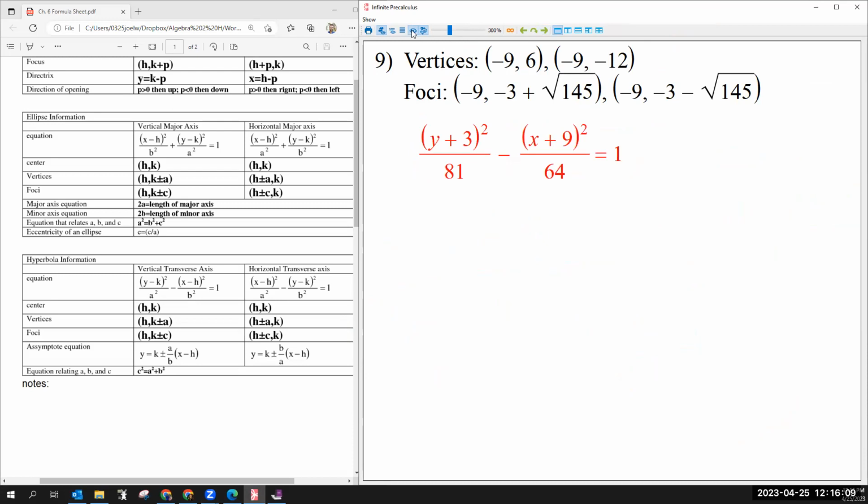So you had to switch as far as your X and Y or H and K. K had to come first, H came second. Okay. Questions on number 9? All right, you can actually X out the next 3. I have an error on those that I need to go back and fix. So you can put an X through numbers 10, 11, and 12. And so then we're going to do 13, 14, and 15 together.